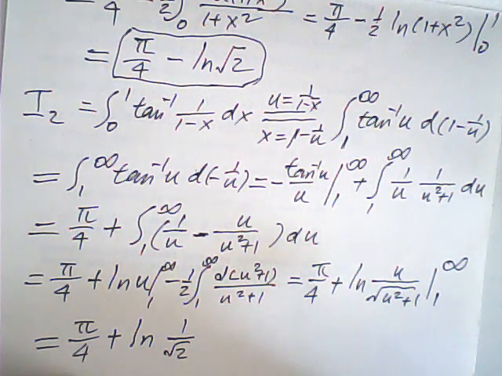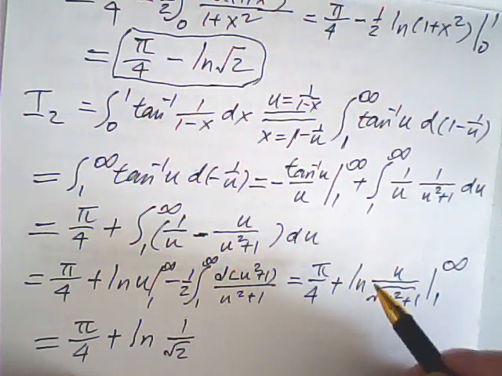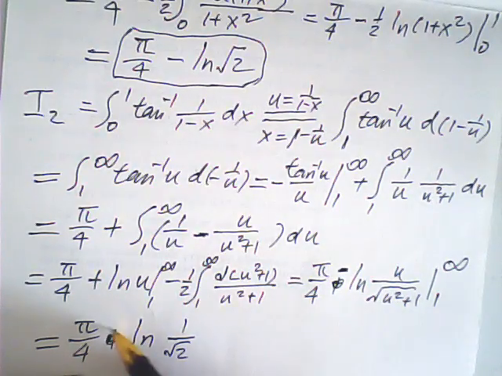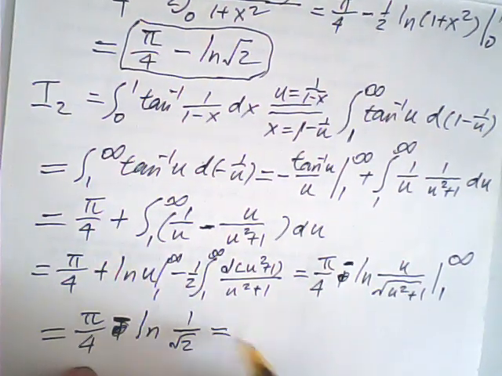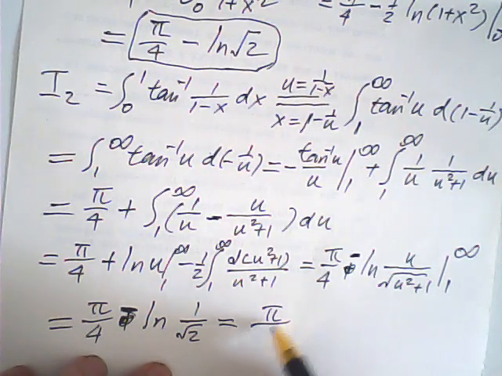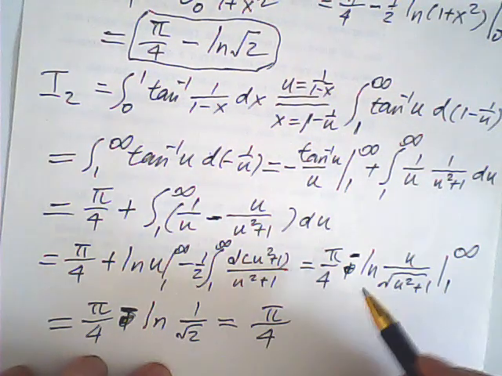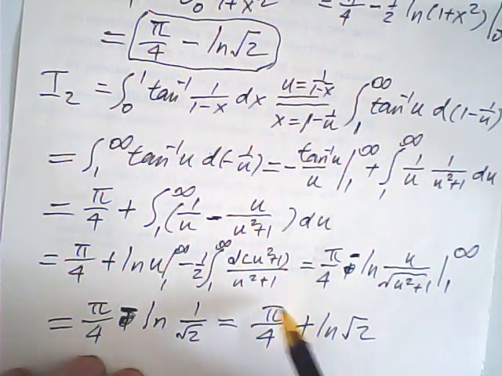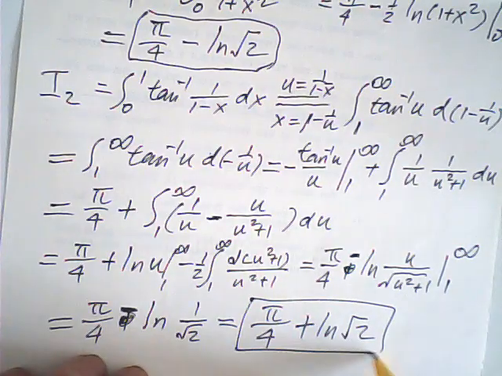This is negative. I'm sorry. This is negative. Now, this one I can change to positive by flipping over, right? So this is plus log 2. Okay. So this is my I2.